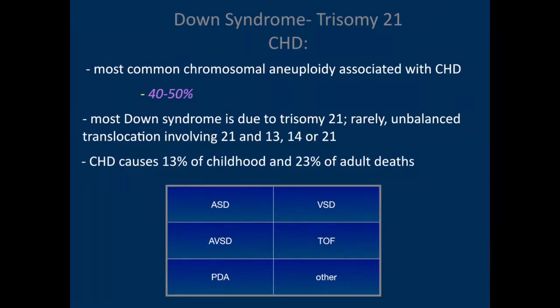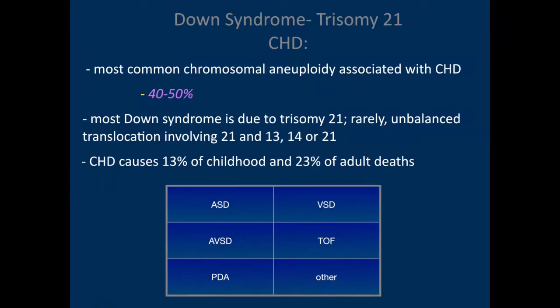Now, in terms of Down syndrome or trisomy 21, remember that this is the most common chromosomal aneuploidy associated with congenital heart disease, in that roughly half of fetuses with trisomy 21 will have some element of congenital heart disease. Remember again that most Down syndrome is due to pure trisomy 21 or a third copy of number 21, but may rarely, in 1 to 2% of cases, be due to an unbalanced translocation.